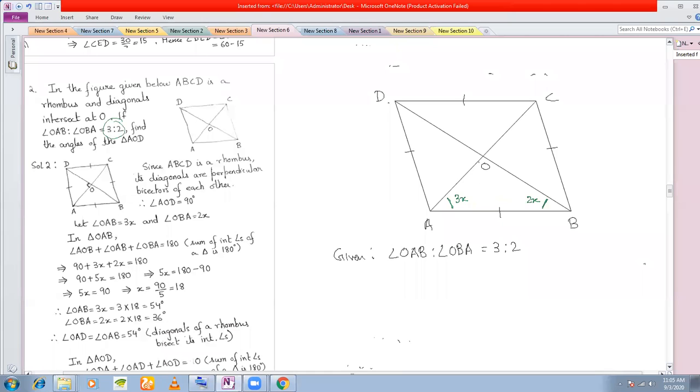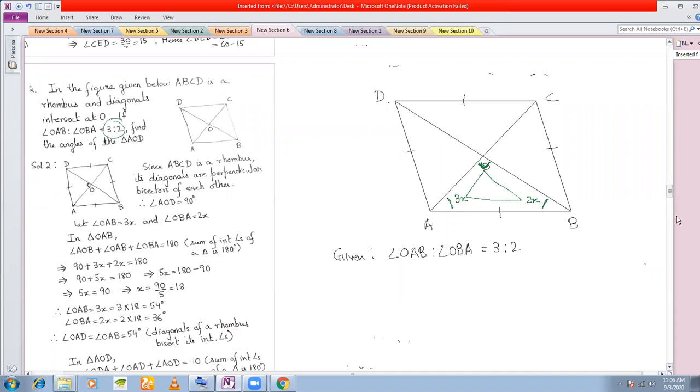Now see, the diagonals of a rhombus are perpendicular bisectors of each other. So this angle has to be 90 degrees. The sum of these three angles must be 180, from which you can solve for x. Once you solve for x, you can find the two angles, 3x and 2x.